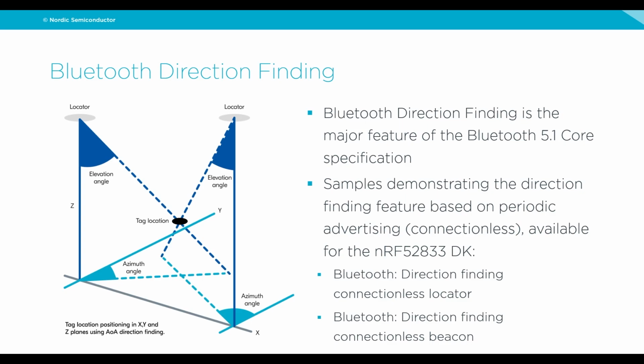These examples are direction finding connectionless locator, which demonstrates Bluetooth LE direction finding reception, and direction finding connectionless beacon, which demonstrates Bluetooth LE direction finding transmission. Samples support 2 direction finding modes, angle of arrival, AOA, and angle of departure, AOD. By default, both modes are available in the samples.